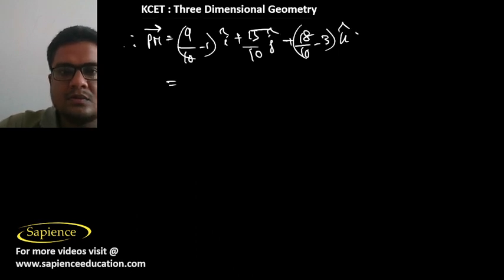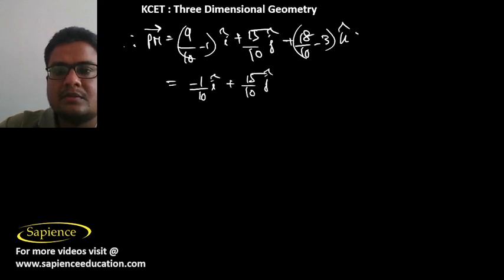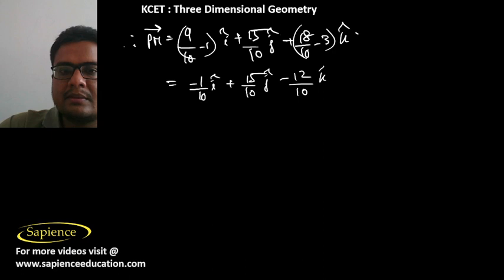This will be equal to minus 1 by 10 i cap plus 15 by 10 j cap, 18 minus 30, that is minus 12 by 10 k cap.